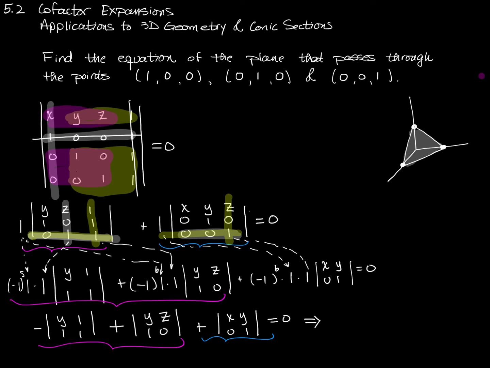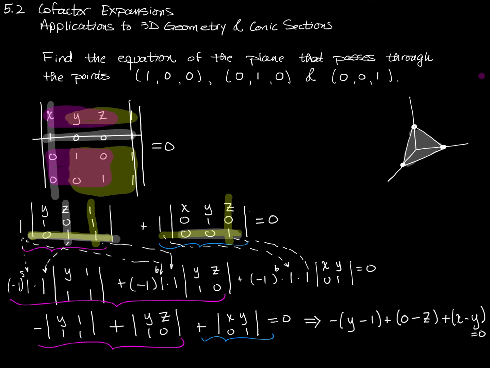This implies that the first determinant that I have here is y times 1 minus 1 times 1. And I'm going to add to that the determinant y times 0 minus z times 1. I'm going to add to that the determinant x times 1 minus y times 0. And that's still equal to 0.